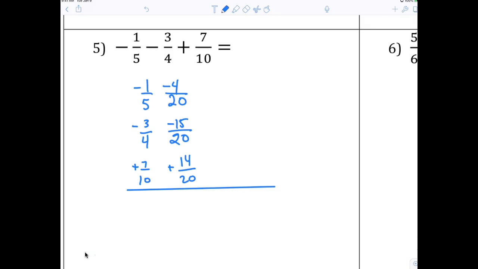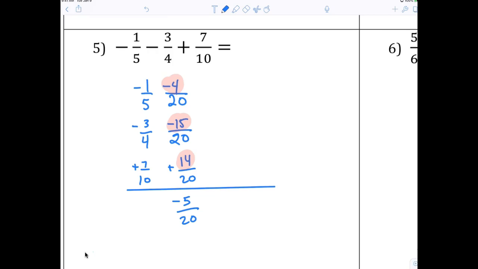Now I'm looking here and saying I have -4 and -15, which makes -19. And then -19 plus 14 makes negative 5. So everybody should be able to look at that and say that's just negative 5 over 20.